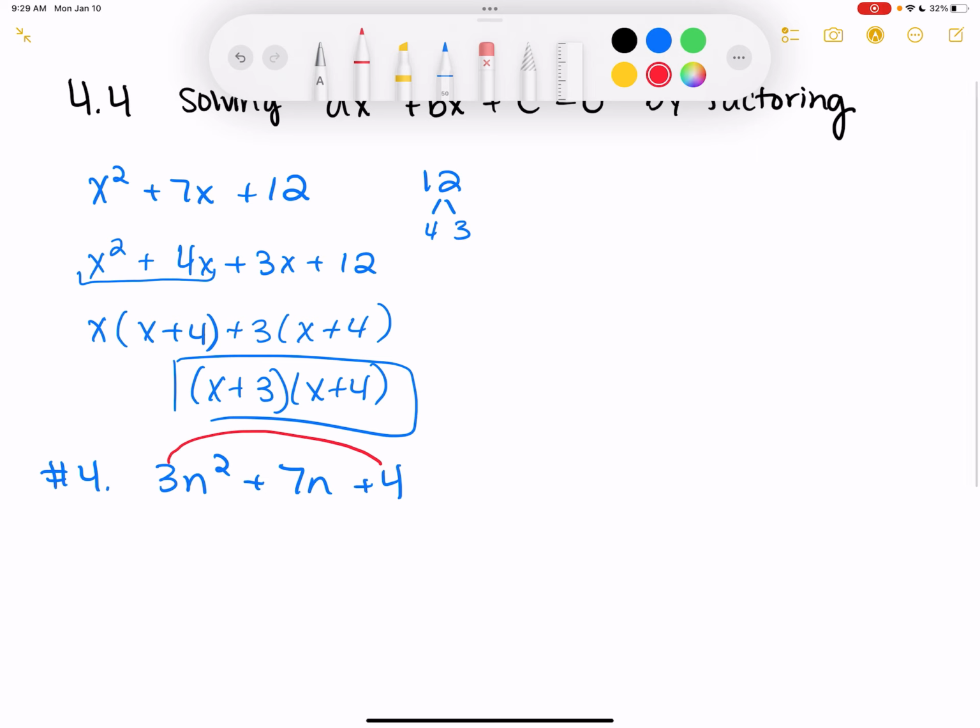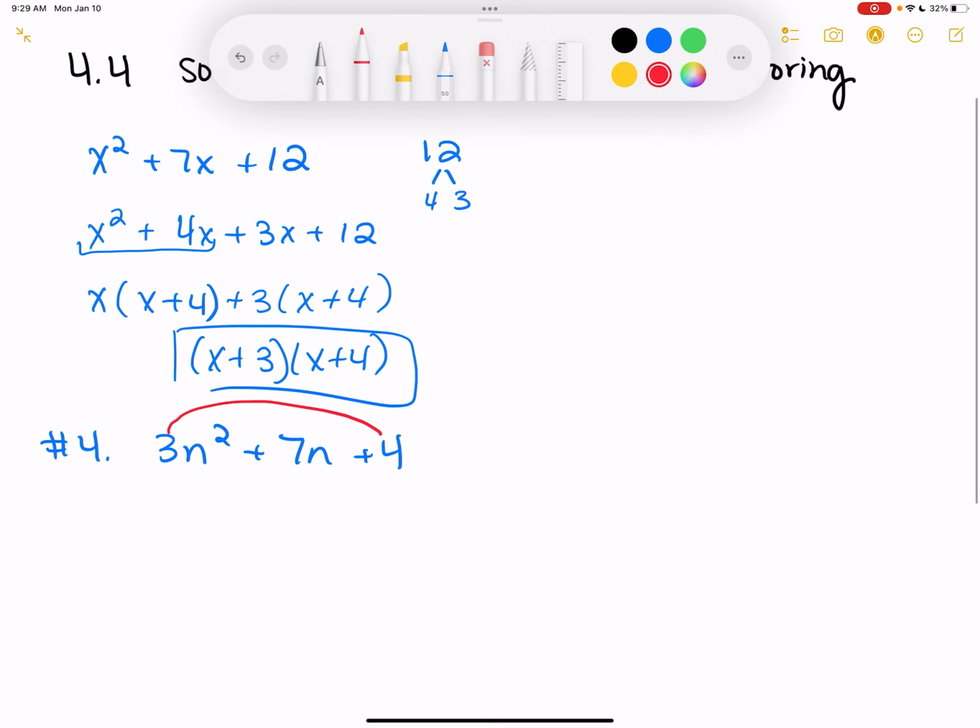I didn't even plan it, but it's going to be very similar to the problem we just did. So 3 times 4, so 12. Now we're looking for the factors of 12 that add up to give you 7, which I genuinely didn't plan, I promise. I just picked a random problem.